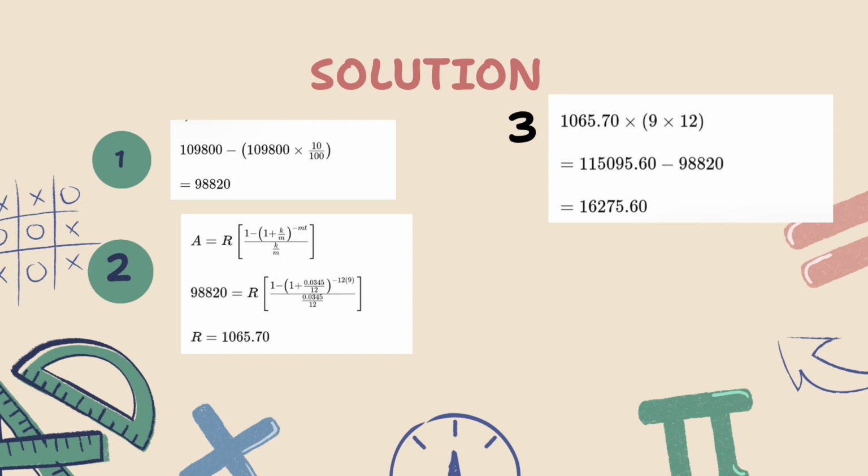Therefore, the total interest paid is 115,095.16 minus 98,820 equals 16,275.16 ringgit.